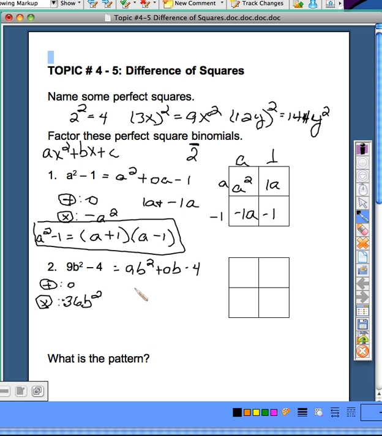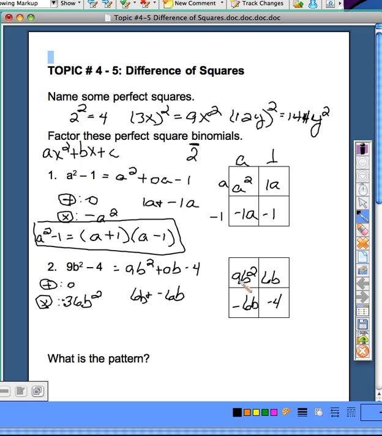Well, that would be 6 and negative 6, and we need the b on it. So let's fill in our squares. We have 9b squared minus 4, and we've determined that our factors must be 6b and negative 6b to give us the middle term, which is 0.